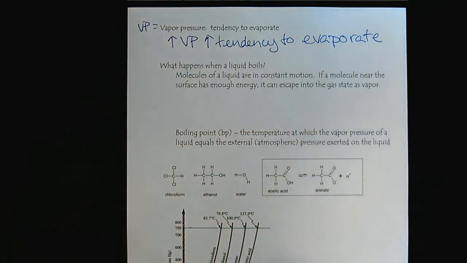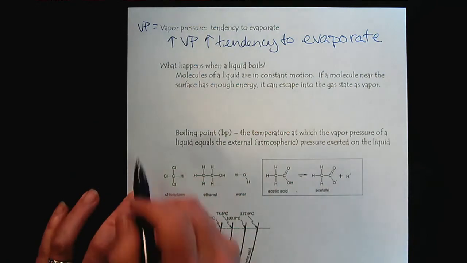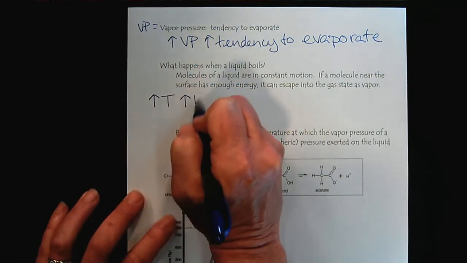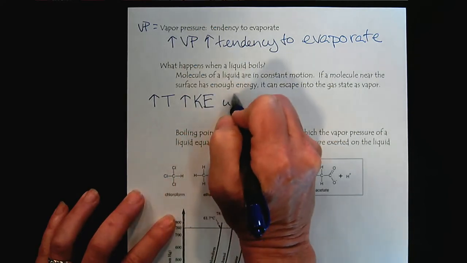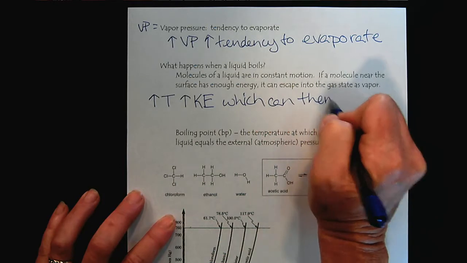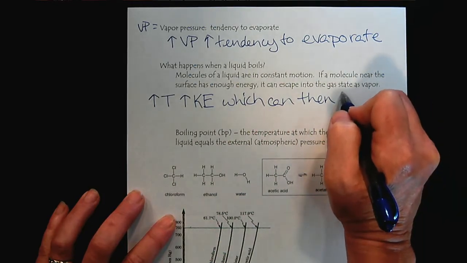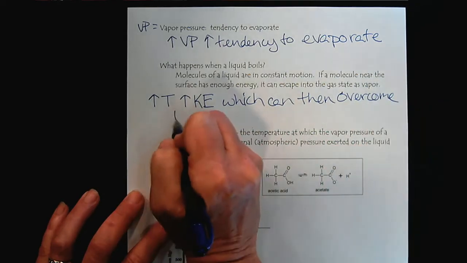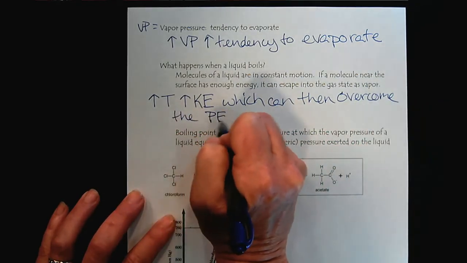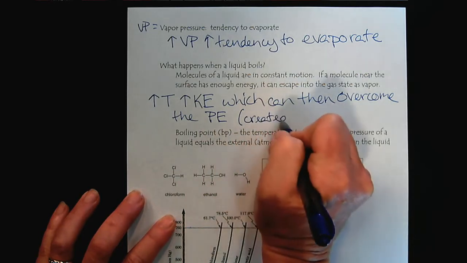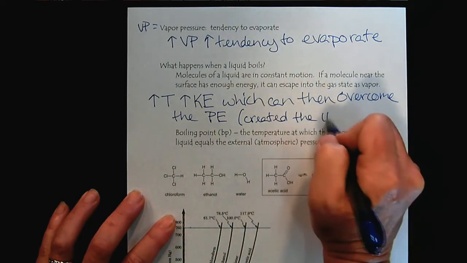So if we look at this, as we increase the temperature, we increase the kinetic energy, which can then overcome the potential energy. And remember that the potential energy was created by the intermolecular forces.